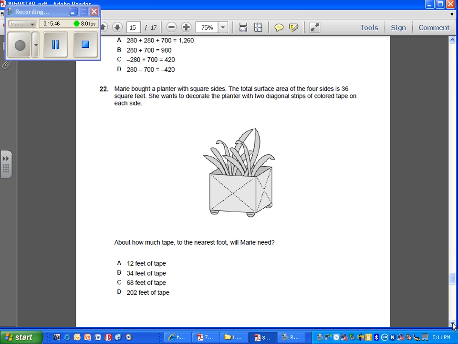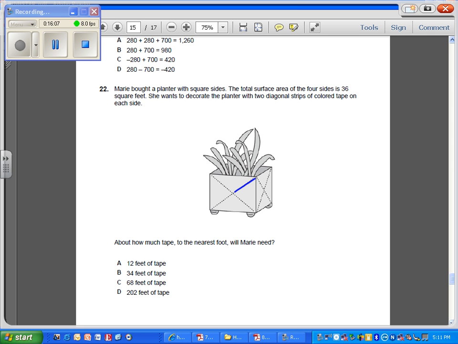All right, number 22 says Marie bought a planter with square sides. The total surface area of the four sides is 36 square feet. She wants to decorate the planter with 2 diagonal strips of colored tape on each side. About how much tape to the nearest foot will she need? Now this is the Pythagorean theorem. It says total surface area is on the four sides. On the four sides was 36, so each one was 9, so each one was 3 by 3, has square sides.